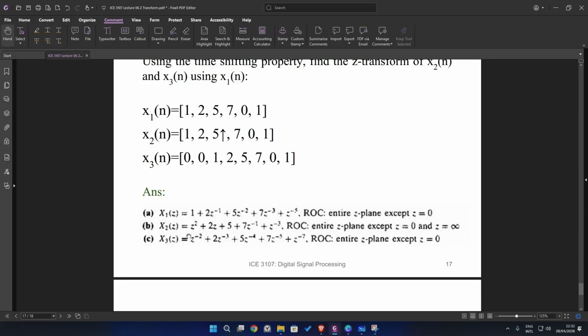For X2(z), we are seeing z to the power k and also z to the power minus k terms, the inverse and the normal terms. So we have to exclude z equal to 0 and also z equal to infinity, and the rest of the z plane will be the ROC. For the last one, X3(z), we are seeing only the inverse terms, so the ROC will be the entire z plane except z equal to 0.